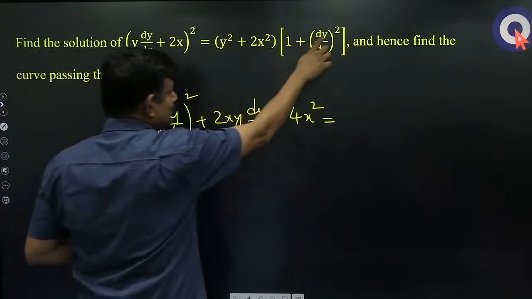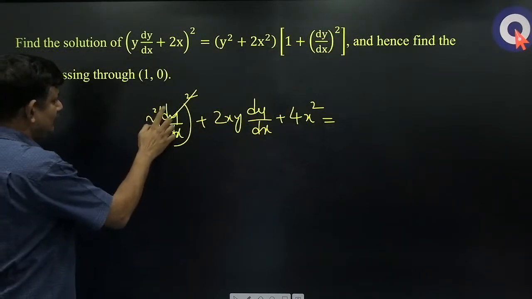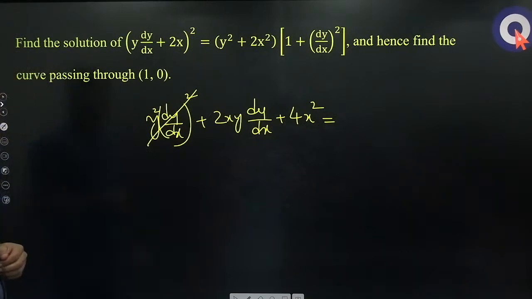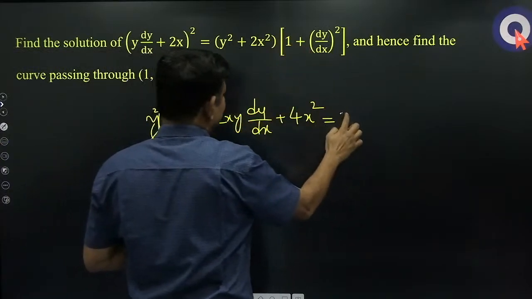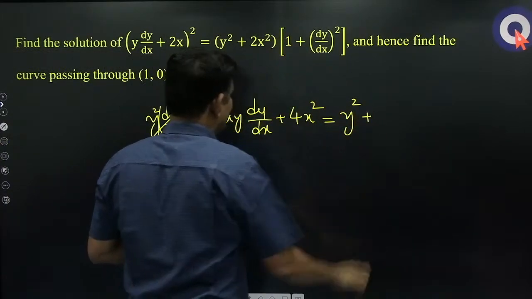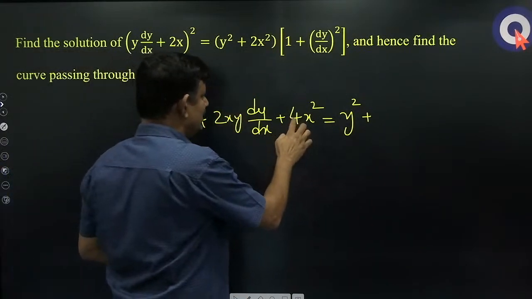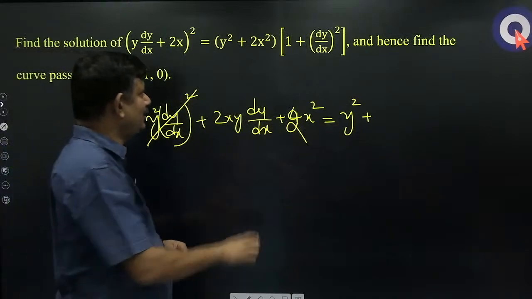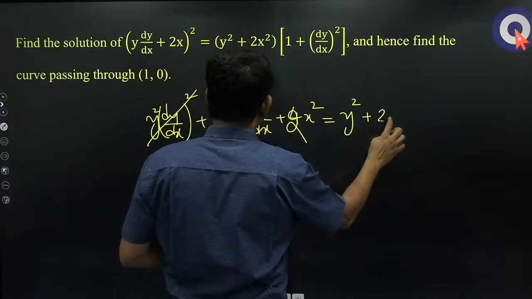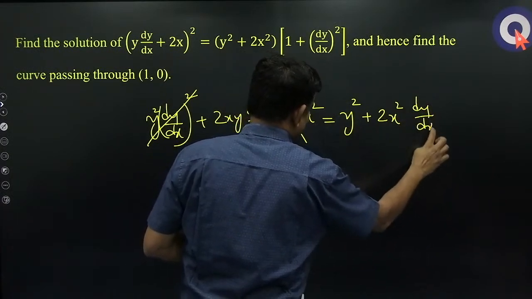Now you can see y square dy by dx whole square gets cancelled. Then you have y square plus you have 2x square here, that makes this 2x square. Then you have 2x square dy by dx whole square.